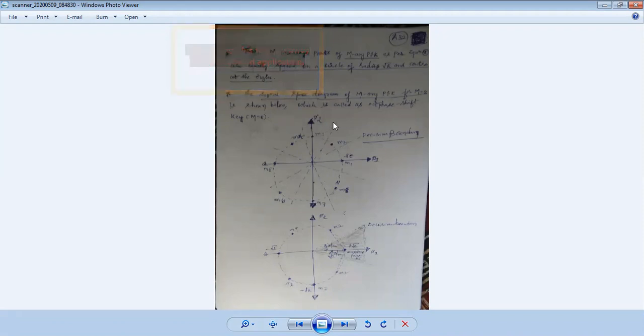Since M takes different possible values, in QPSK we defined π/4, 3π/4, 7π/4 and so on. But in M-ary PSK we define the phase difference over M values, like M1, M2, M3, M4, and for 16 points, 16 possible values.